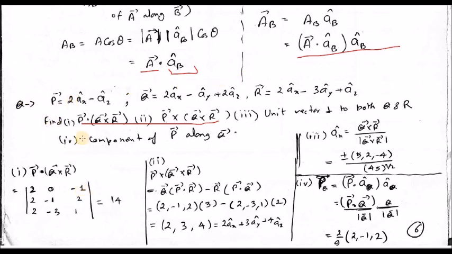So it will be 2 multiplied by 2, y is 0, and for z, 2 multiplied by minus 1. So 4 minus 1, that will be 3, minus r. So just write vector r as it is.